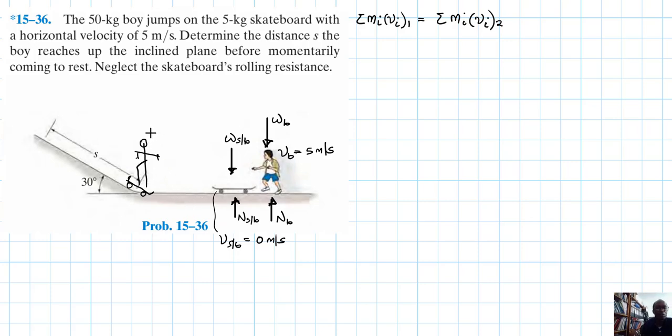At this point, we're going to be looking for our V2. Then we expect the skateboard somewhere there, and this is our V3. V3 at this point is just equal to 0. Temporarily, this is the maximum it goes.